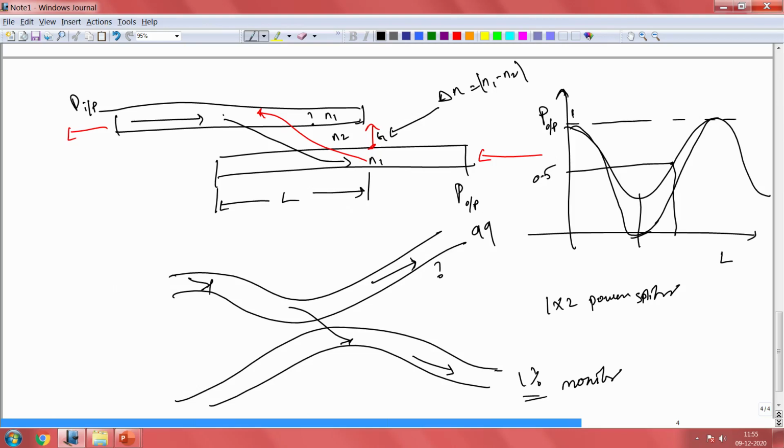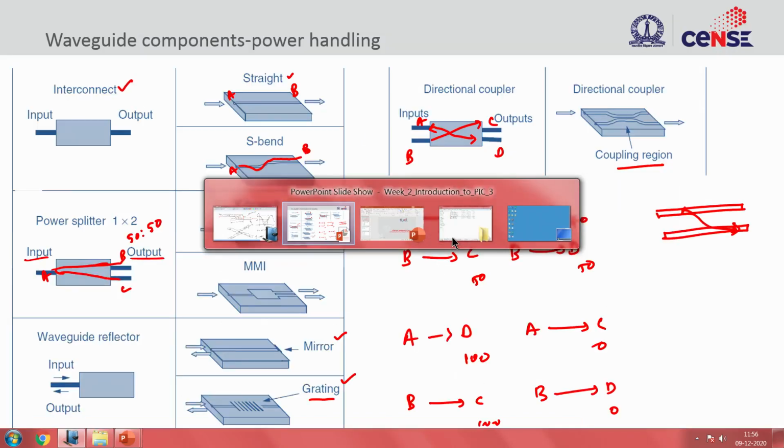So, directional couplers help us tap out a very small amount of power in order to monitor what is happening inside this device. You can do it this way, and as I mentioned, you can also have something like this as well. All these functionalities one can do by using a directional coupler.